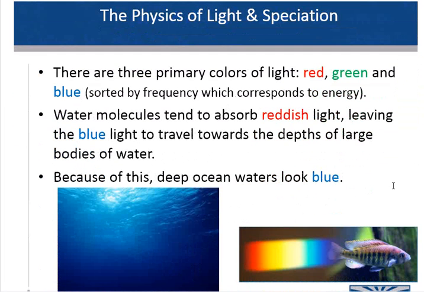Now I want to talk about one of my favorite stories of sympatric speciation, which involves the brightly colored cichlid fish that live in Africa's Lake Victoria. It is a really cool story because over the past few 100,000 years, from a single founding population of cichlid fish in this lake, there are now over 500 different species of brightly colored fish within the same lake.